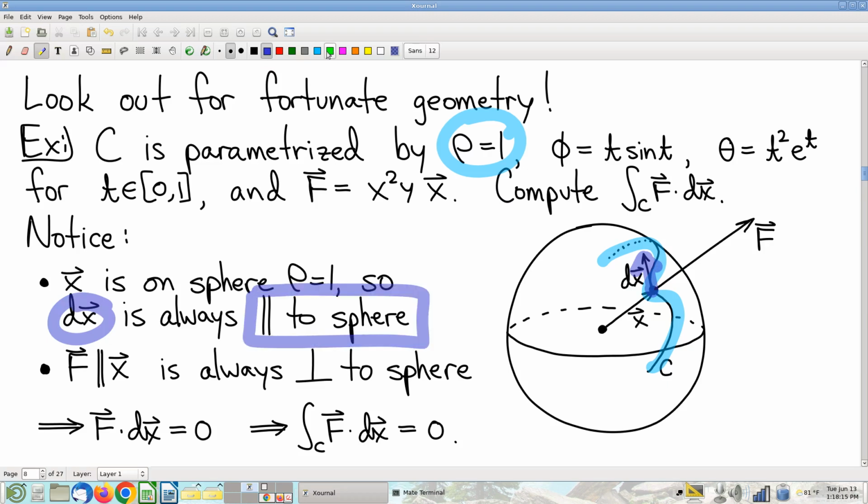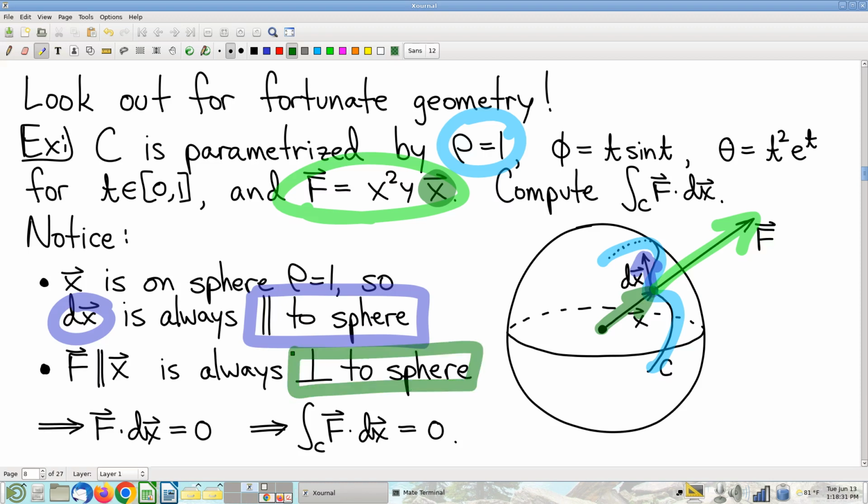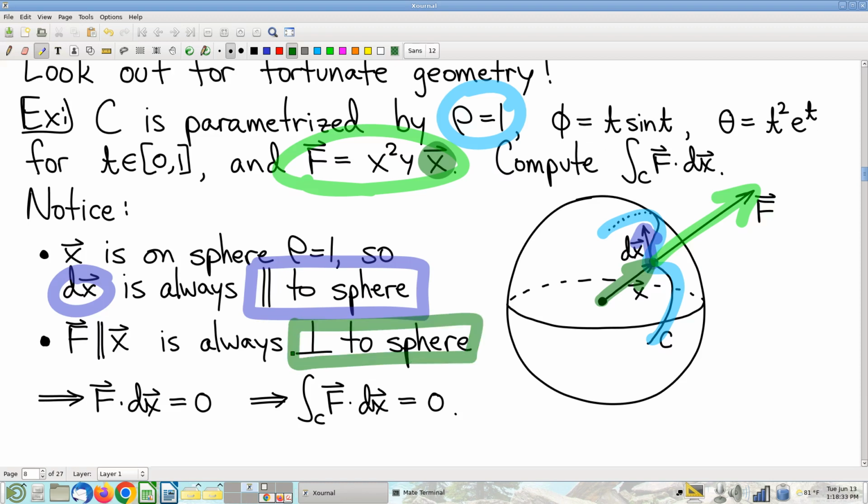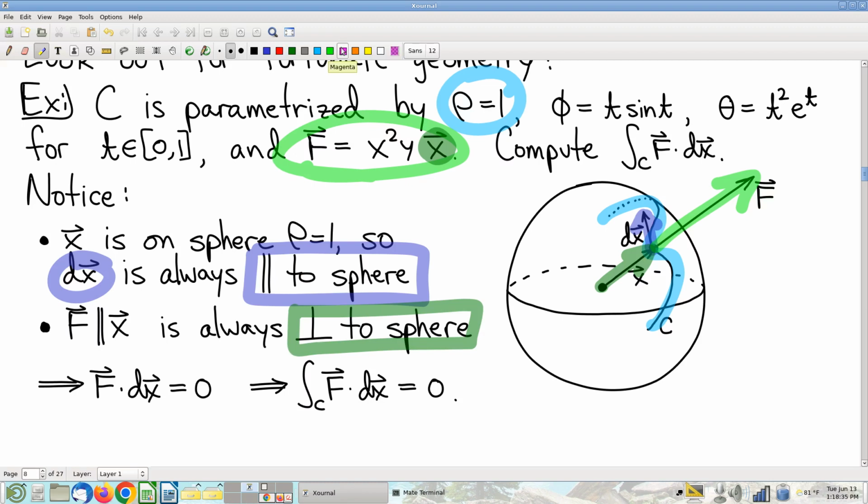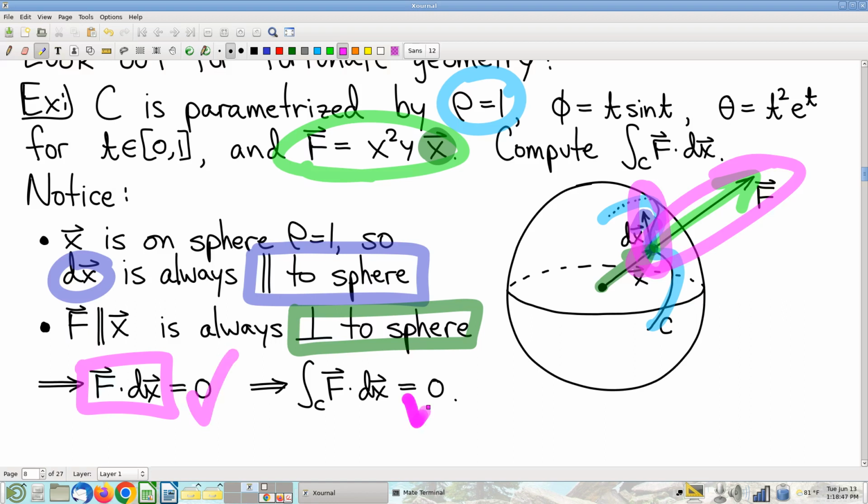On the other hand, if you look at the vector field we're given here, you'll notice it is always a multiple of the position vector, and the position vector is always perpendicular to the sphere. And so when I get to writing down F dot dx, that's a dot product of something perpendicular to the sphere with something parallel to the sphere. That dot product is therefore 0. Game over.